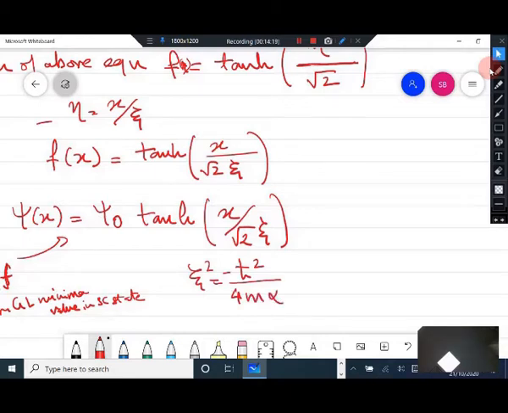Now if I plot this function, psi naught square is nothing else but minus alpha by beta.